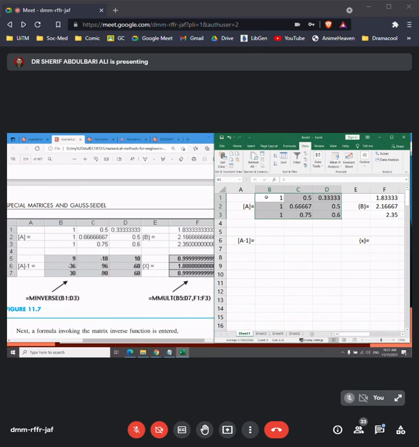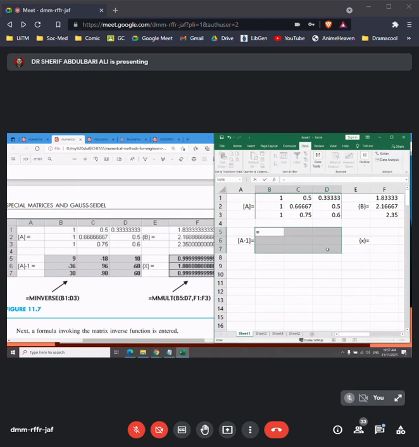This matrix is 3 by 3 cells. I'm going to highlight 3 by 3 cells, and when you highlight, don't click anywhere else. You need to highlight and move your hand from the mouse and write this.